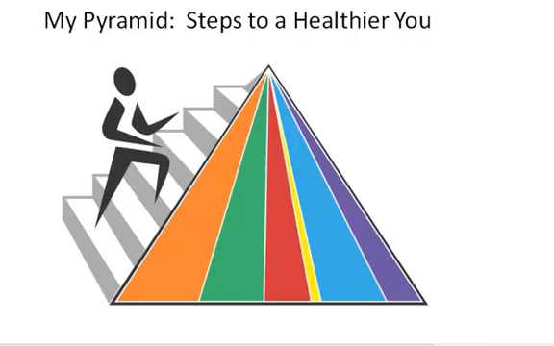Now they have an image of a human being walking upstairs. The point of this is that it's not only what you eat, but exercise as well that leads to a healthier you. It's a public health message, an attempt to have people understand that health depends not only on what you eat, but also on your physical activity.